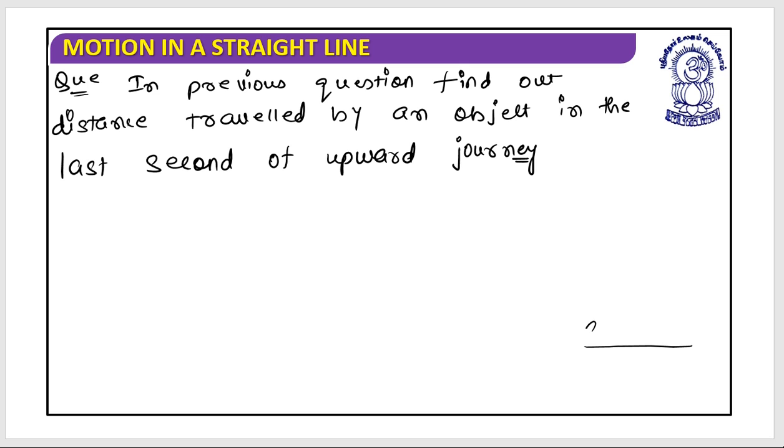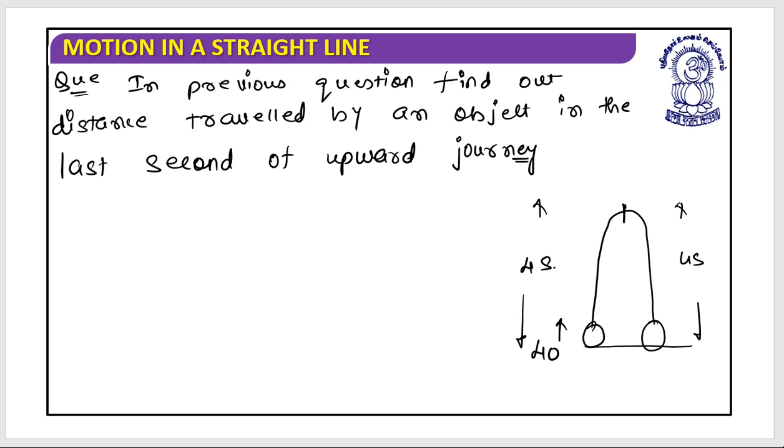The first task should be to have a rough sketch of the situation. So this is it, 40 meters per second. The total time required to move in the upward direction is 4 seconds, and to move in the downward direction it was 4 seconds. What have you been asked? You have been asked to find the distance traveled in the last second of the upward journey.